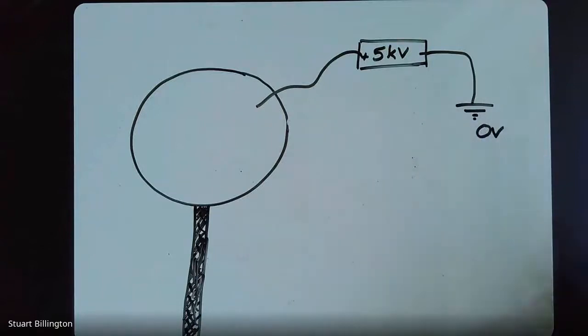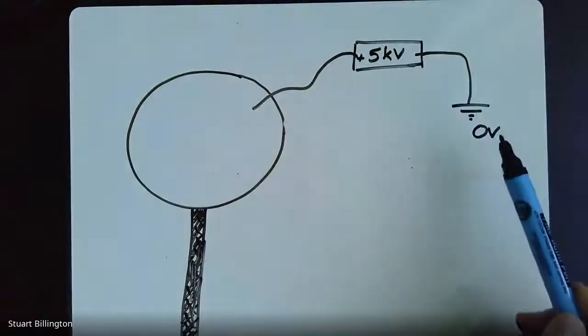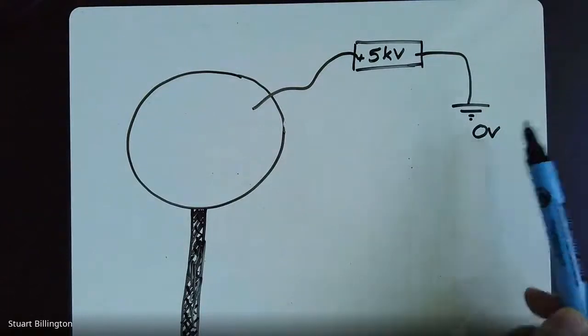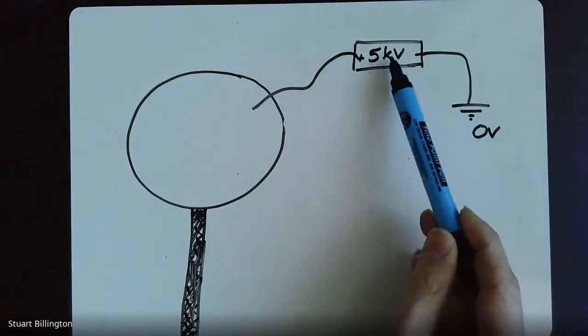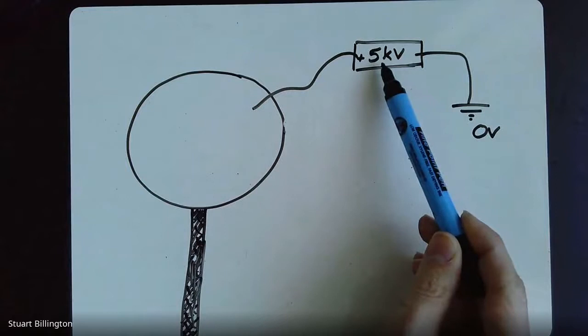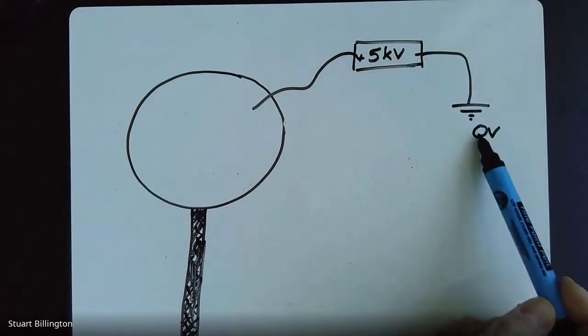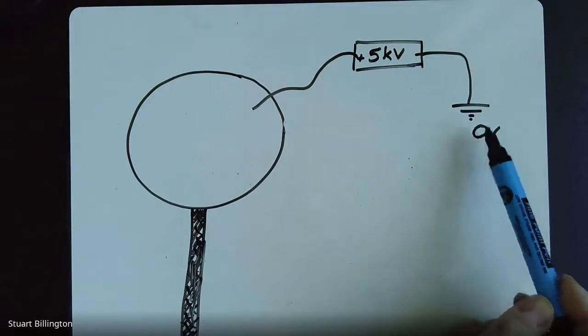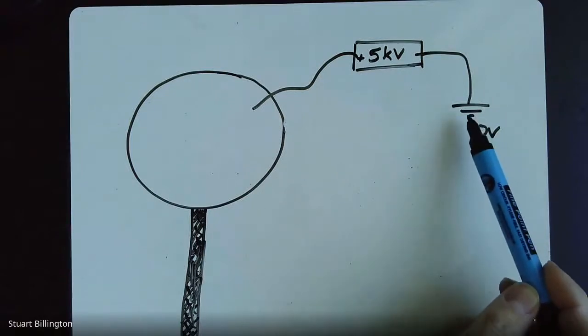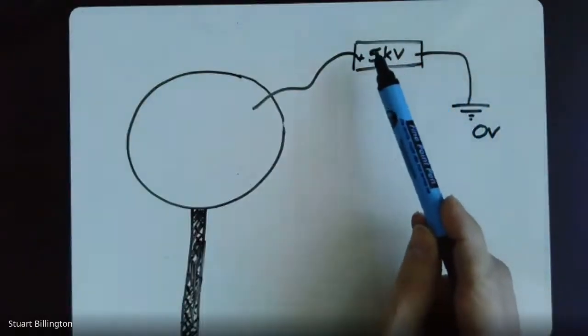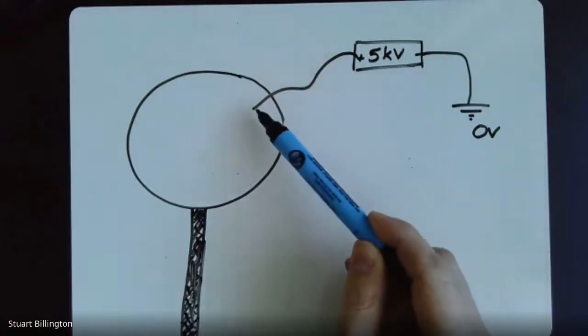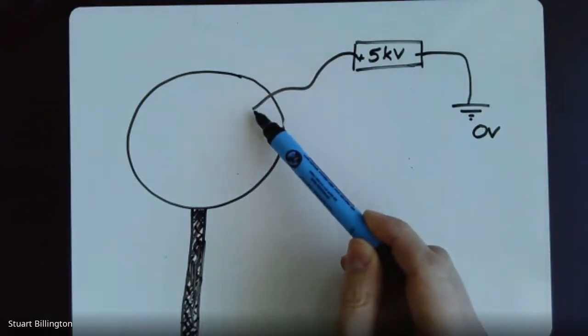It's a place of 0 energy. What's happening is that this 5,000 volt power supply is moving charges from here, where they have no energy, and it's doing work on them, and it's bringing them all the way over here and popping them onto this sphere.